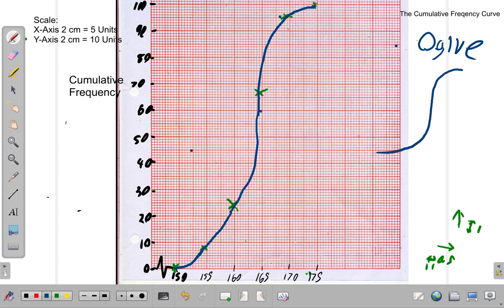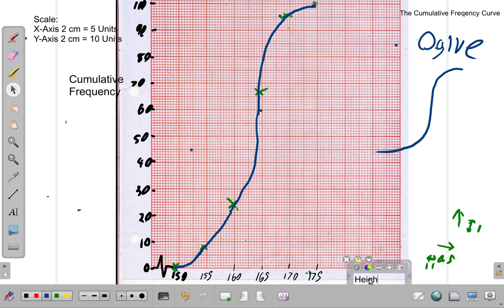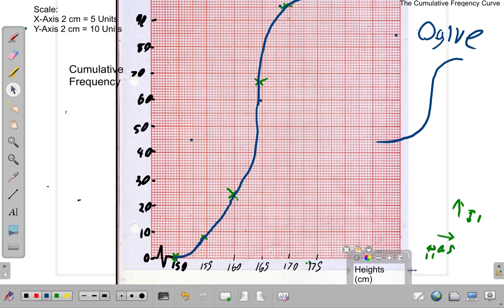It's generally in the form of an S. Now I didn't label the bottom here as height. You must remember to label your axes, right?